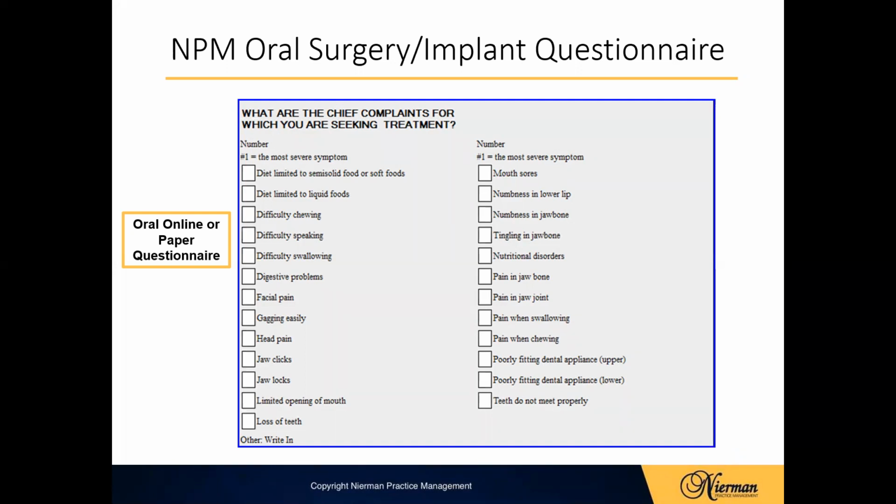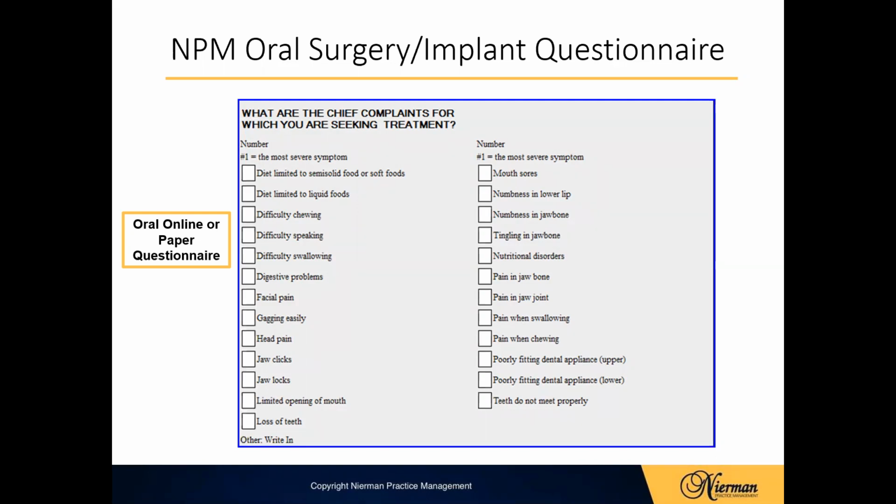There's even an ICD code for having an easier gag reflex where they can't wear removables. And of course, your head pain diagnosis is going to come in quite a bit with many of the procedures you're going to be billing, as well as your jaw clicking, loss of teeth, mouth sores.